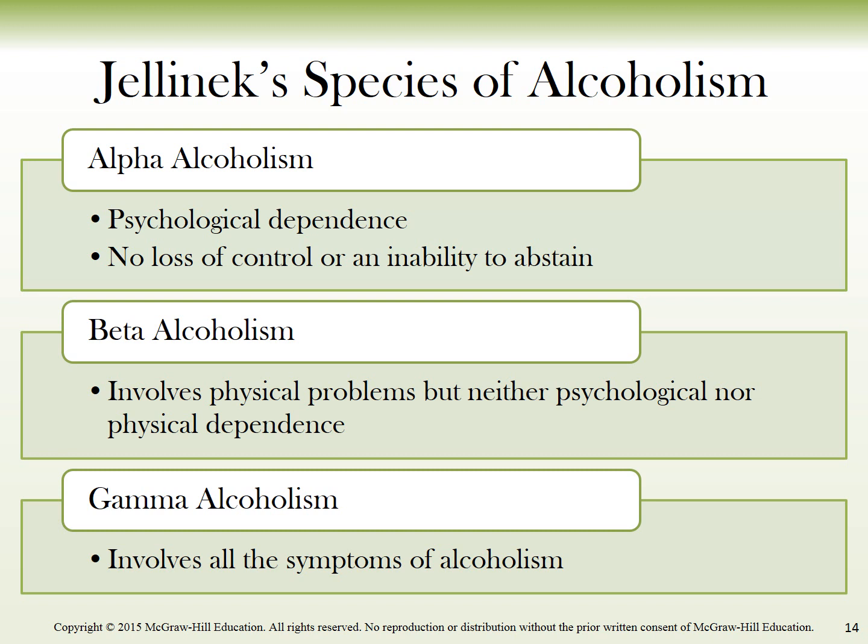We're going to jump back to Jellinek's work for a second, because you're going to see at the bottom of page 97 that in addition to talking about the 4 stages of alcoholism or alcohol use disorder, he also said that there was not just one type, or the language he used was species of alcoholic. He ultimately identified a number of species of alcoholism, and there are differences between how alcoholism looks in different people.